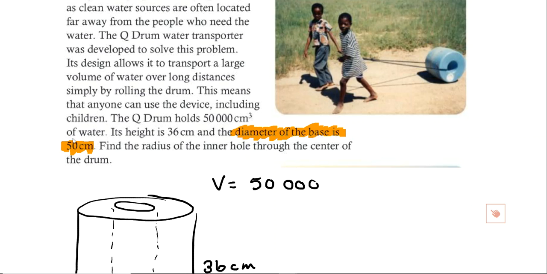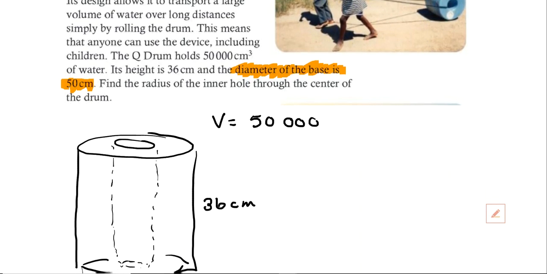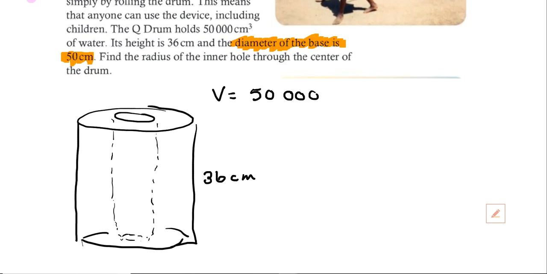Now, a diameter is on a circle. So that means that's the diameter. That's the height. So I now know that that is the 50 centimetres. It says find the radius of the hole.